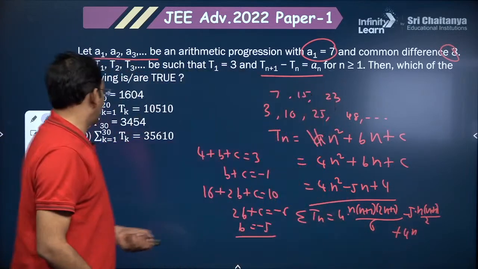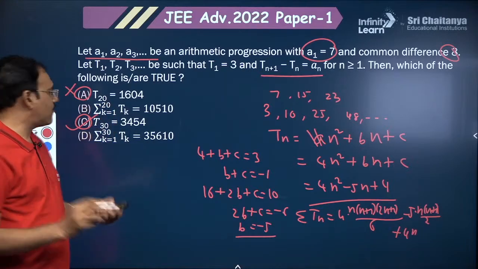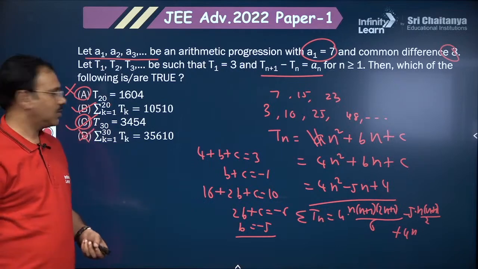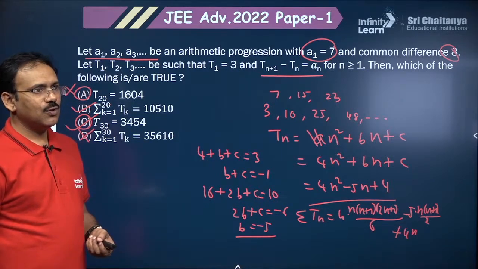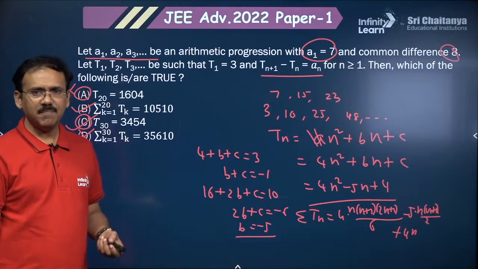Put n equal to 20 and n equal to 30 and verify. You will find B correct, D wrong. So the answer is B, C for this question. Simple, friends.